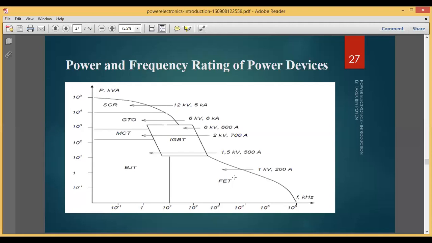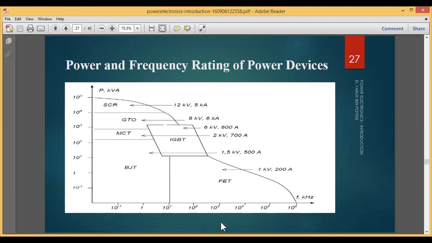But how are these devices categorized based on their frequency ratings and their power ratings? If you look at this graph, it decreases exponentially toward higher frequencies. Take the example of the SCR: its power rating will always be high compared to a field effect transistor.